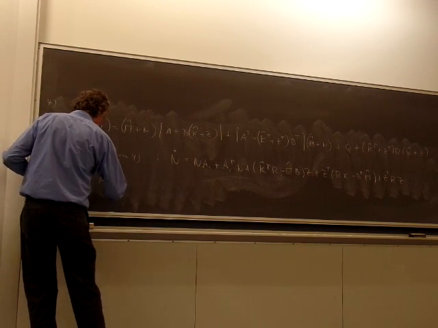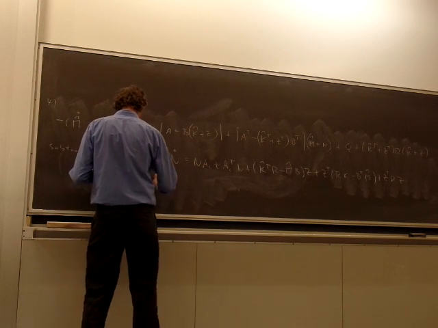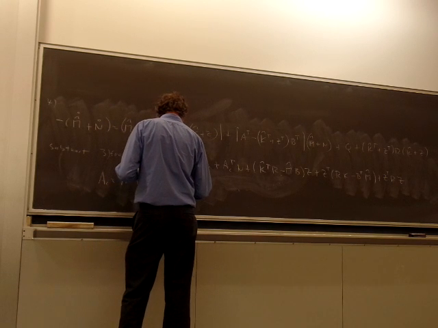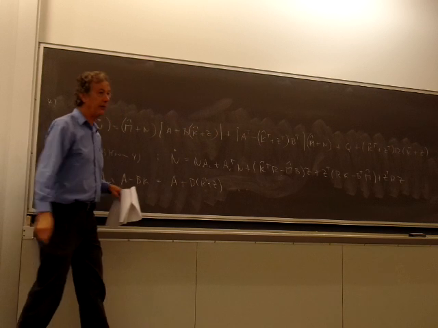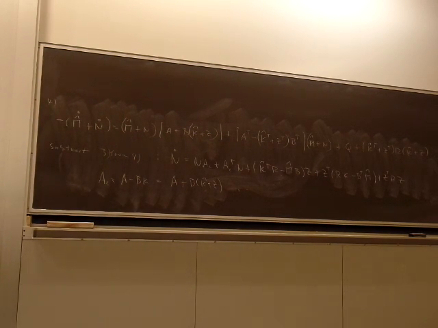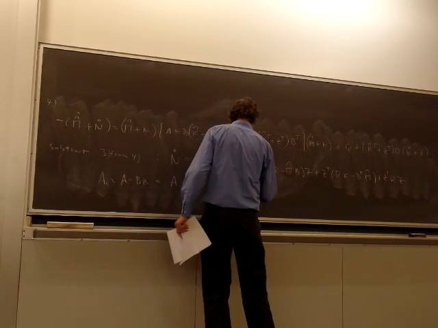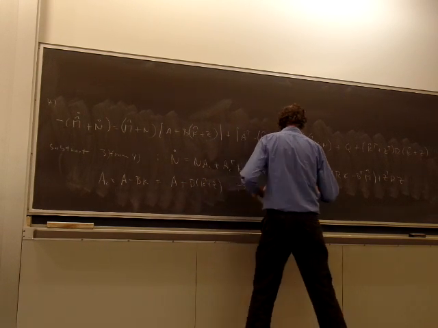Remember, our closed loop A matrix is A minus BK, which is A minus B times the optimal K plus this offset part, the deviation. It may not be obvious, but this is the same form as this expression.